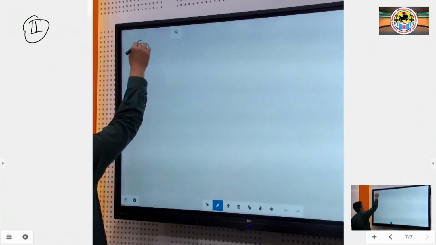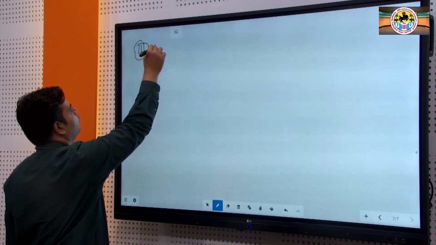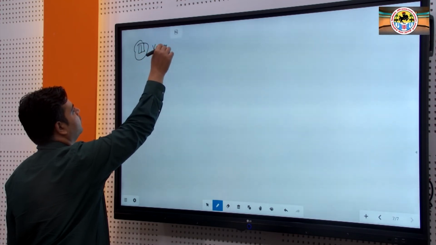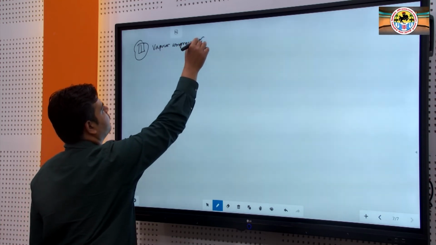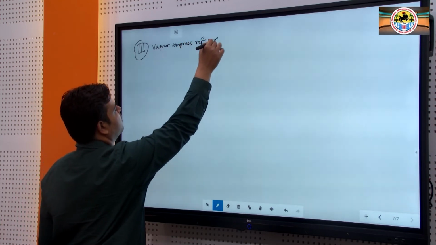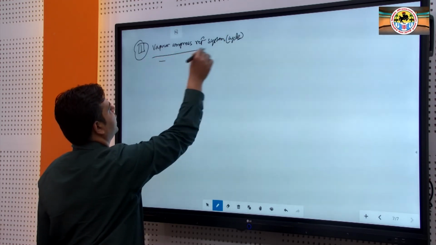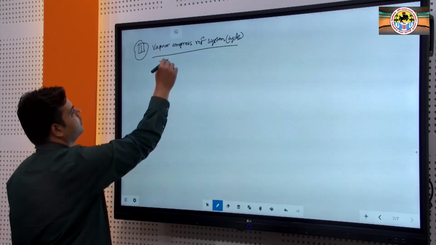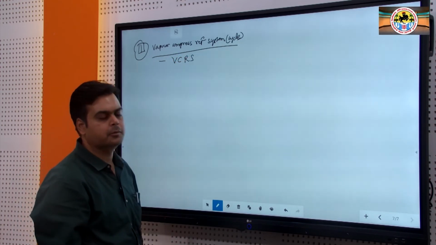Then next cycle is the third cycle, that is the vapor compression refrigeration system or cycle. In short, we can also say VCRS, vapor compression refrigeration cycle.